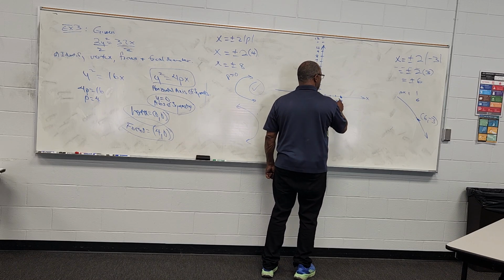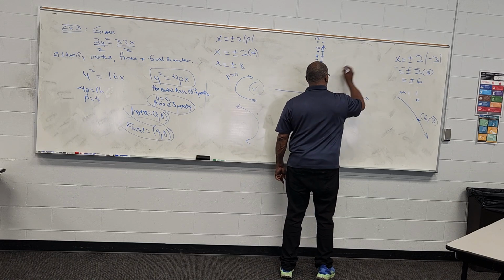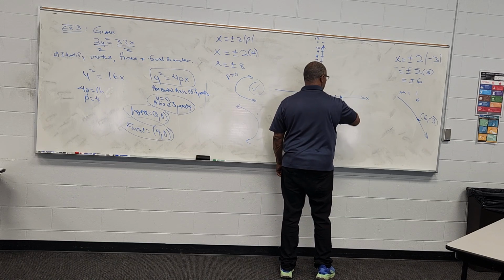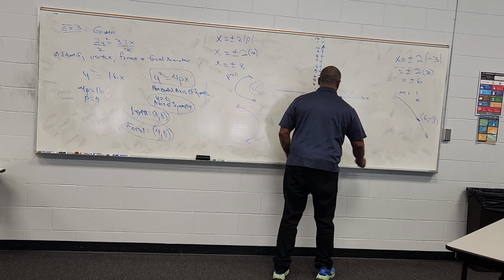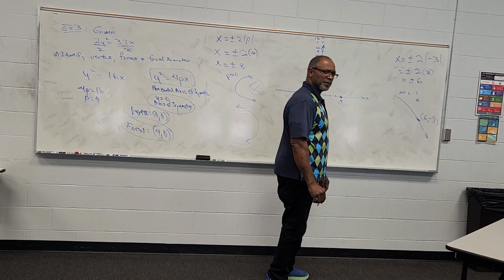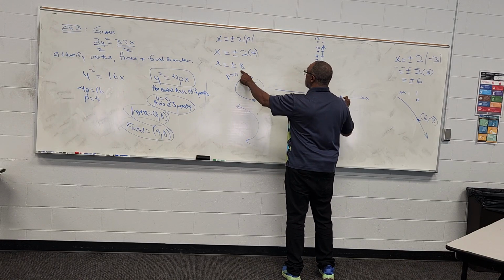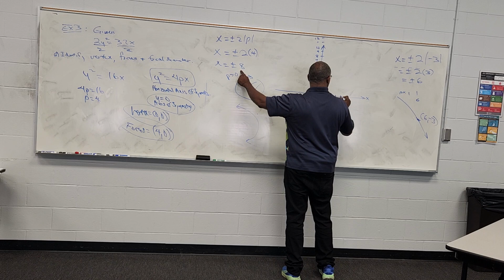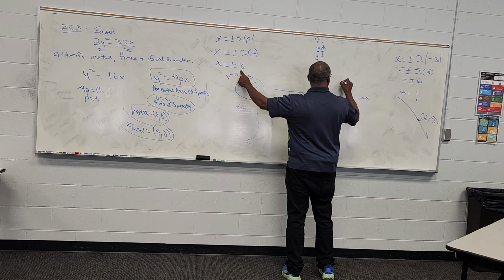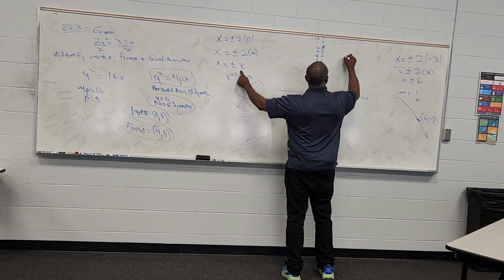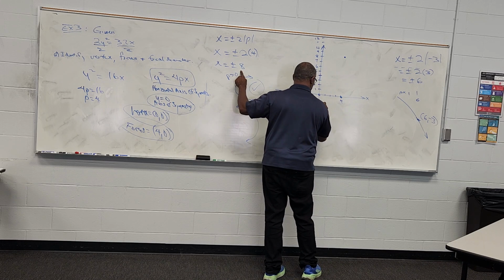There's my focus. I know this parabola opens this way, but I don't know whether to make it narrow or curve way out. That's what the focal diameter does for me. At the focus, since the focal diameter is plus or minus 8, I'll go 8 units up and 8 units down.